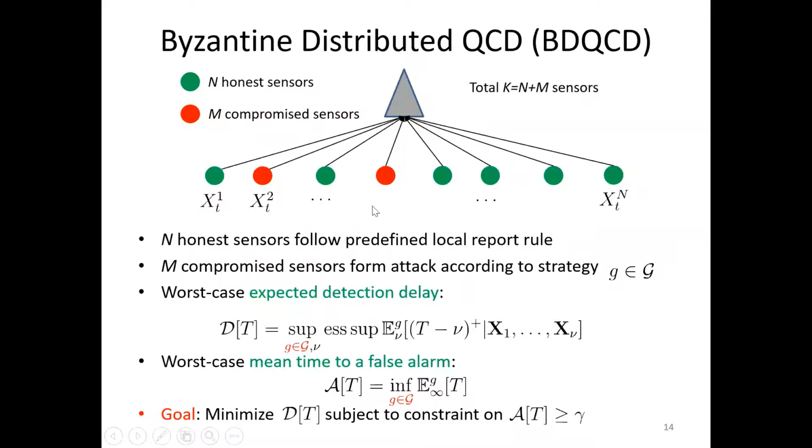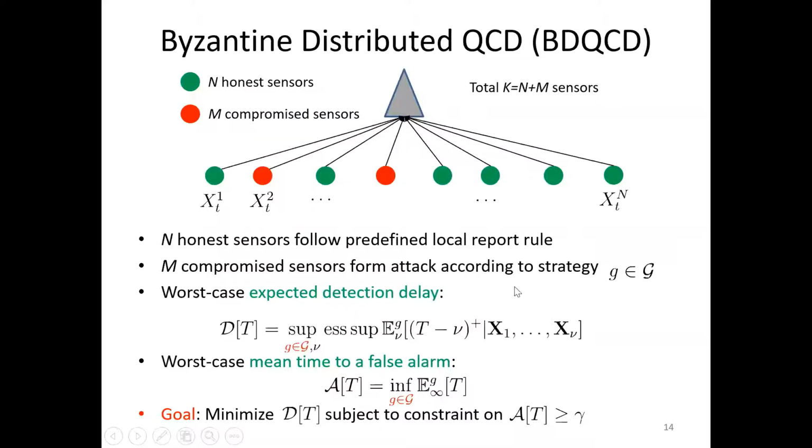For the n honest sensors, they follow the stopping rule T, and for the m compromised sensors, they can do whatever they want.